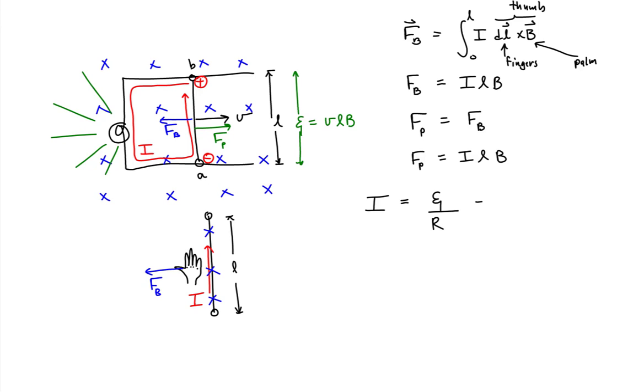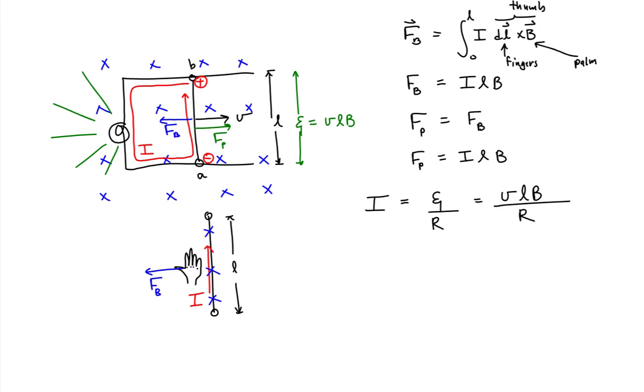And that induced EMF, remember, is equal to the product of the conductor's speed, in this case the speed of the moving wire, the length of the wire, and the magnitude of the magnetic field, divided by the resistance of our circuit.